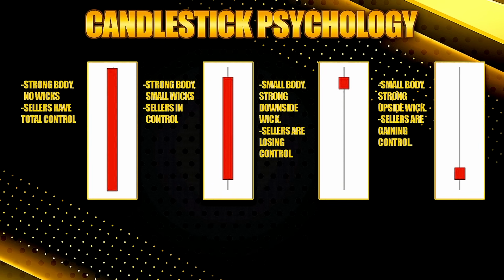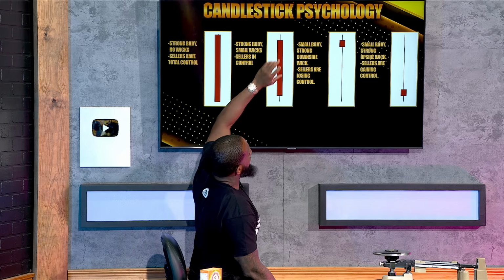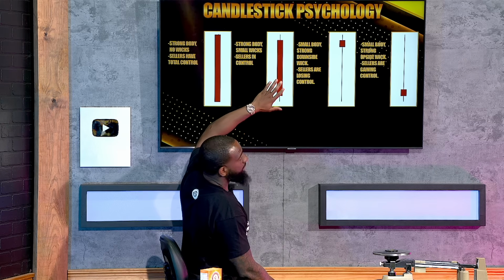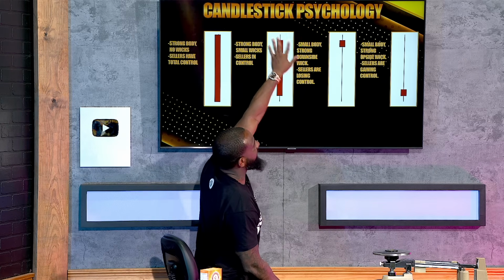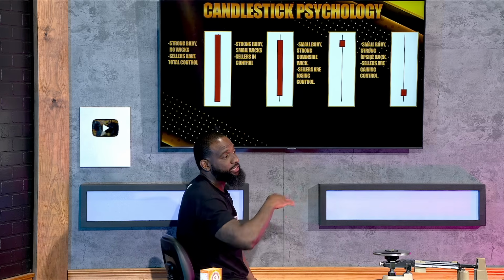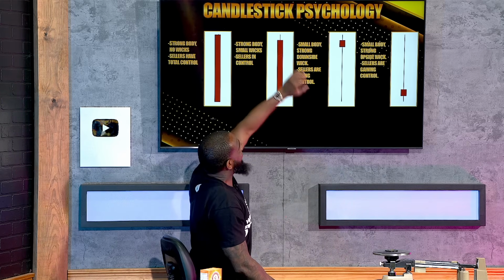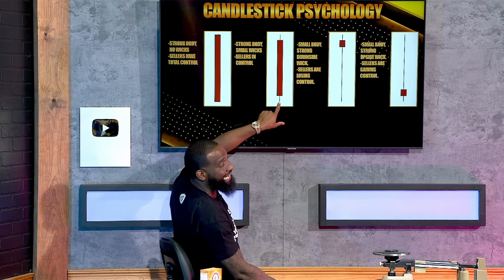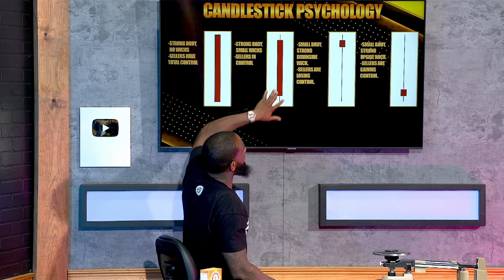Because it's red, you know it started here and ended here, but somewhere along the fight, sellers pushed it up to the top of this wick, which is the high. The bottom of the wick is the low. Both of these mean rejections: it reached this high and then the sellers pushed it down, and at some point it reached this low and the buyers pushed it up. That's the communication within the candle.